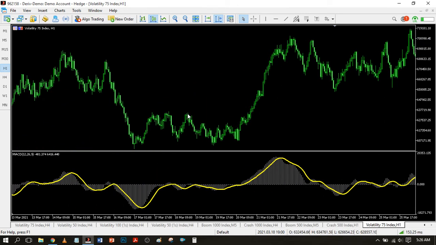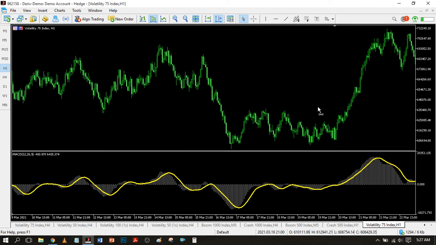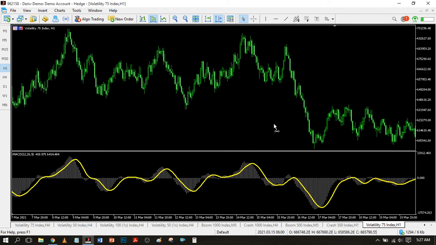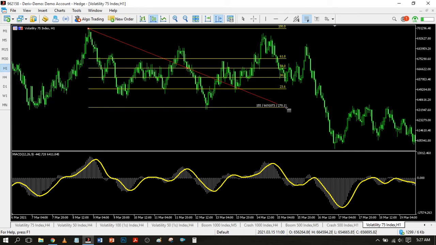This is a very strong uptrend, a very strong uptrend. All right, so let's look at this level here and this level.